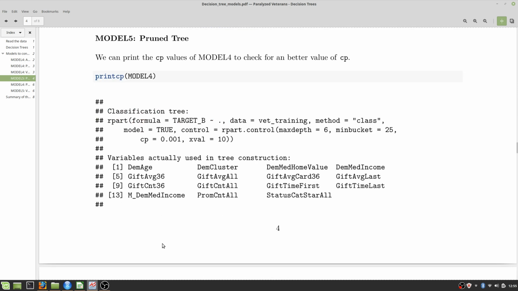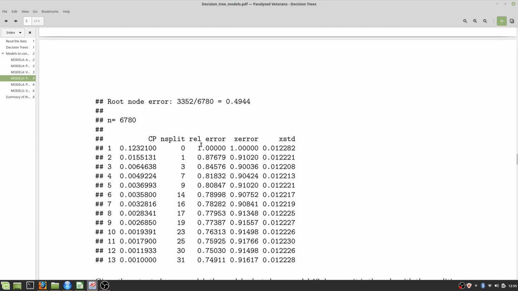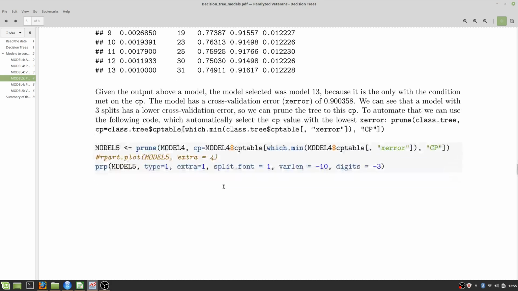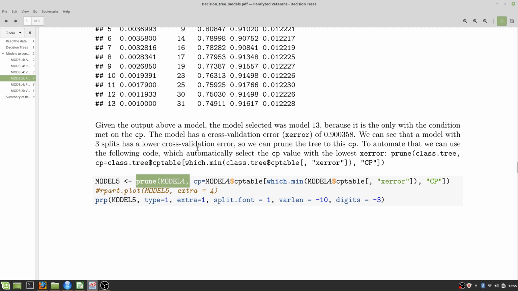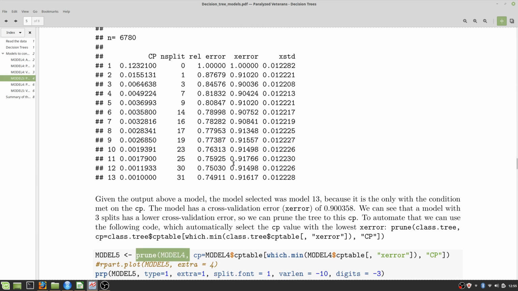We also did a pruned tree, using the pruning method based on a split that actually reduces cross validation error, using the prune function. We selected the CP such that we got the lowest cross validation error.